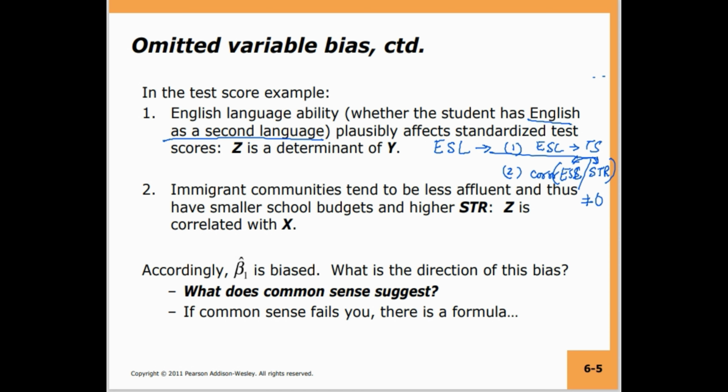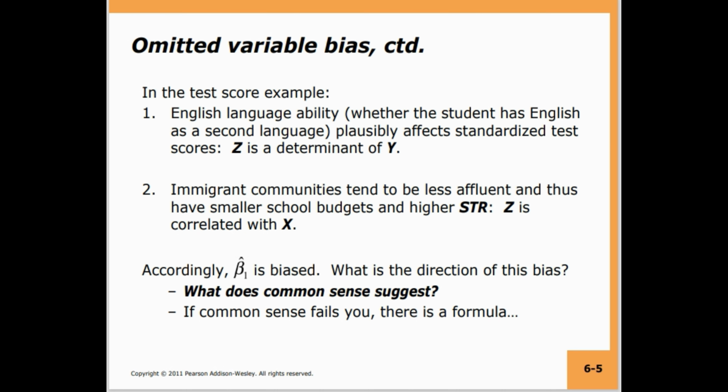Such immigrant population may typically live in districts which are somewhat lower income districts, and they may send their children to schools where the class sizes are somewhat larger, because they cannot afford to send their children to more expensive schools which may have smaller class sizes.